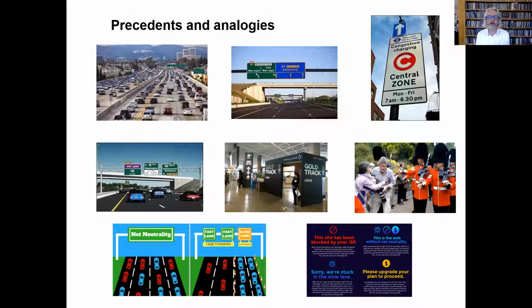As I've just intimated, just having a transport system based around motor vehicles and roads is already serving people who can afford private vehicles, for instance, over people who can afford only buses or have to travel by foot or by bicycle.